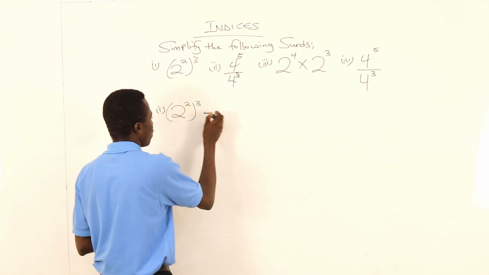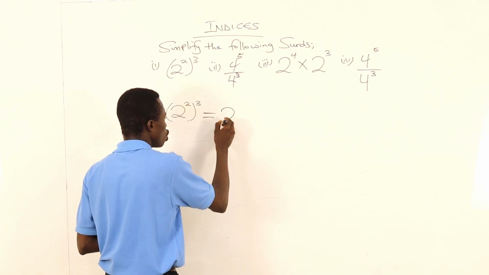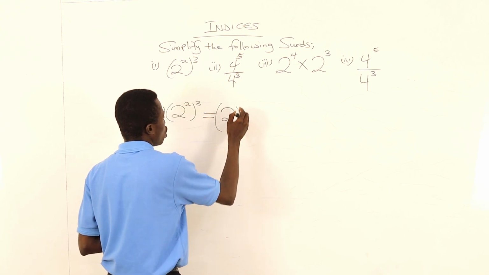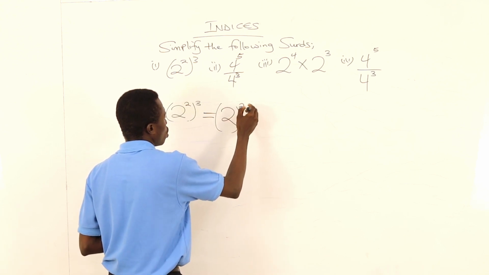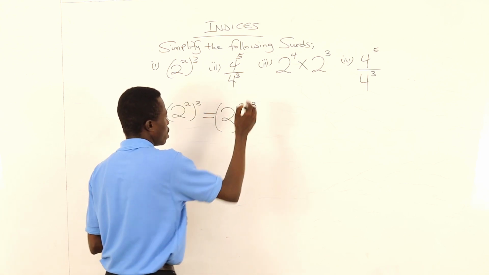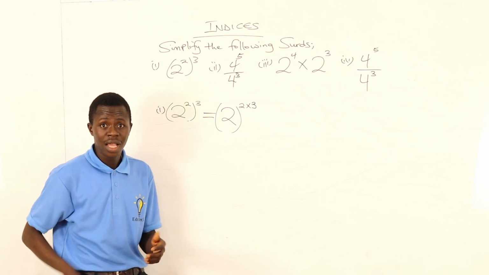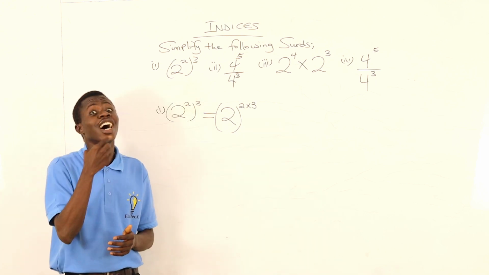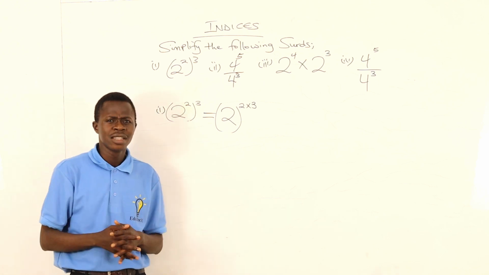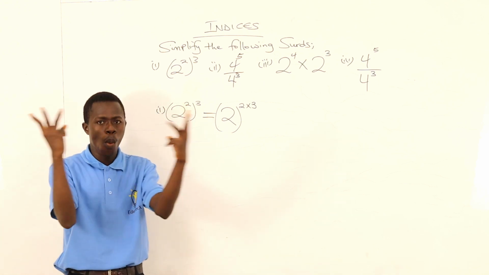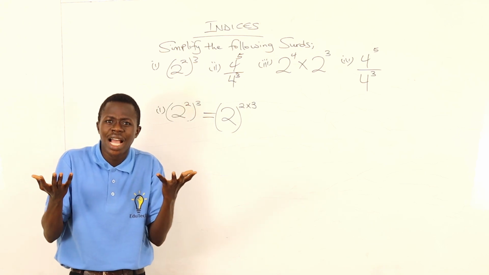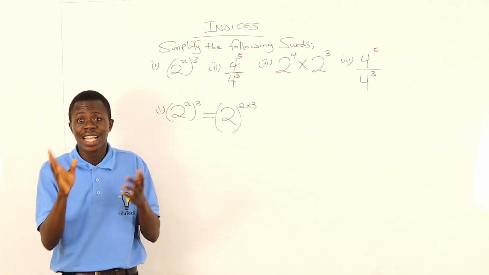So let's try that and see. We are going to have 2 raised to the power 2 multiplied by 3. That's what law 3 says. Now, when we multiply 2 by 3, what answer do we get?